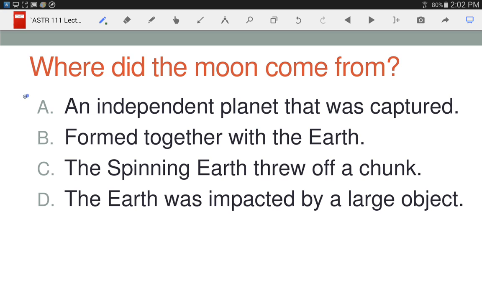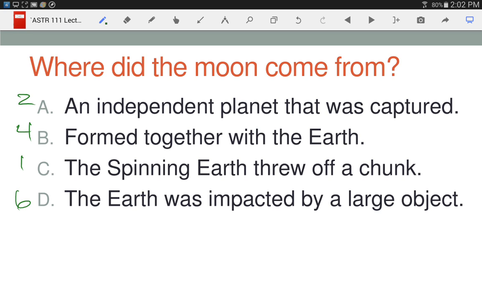All right, here we had 2, 4, 1, and 6. Clearly not a consensus, and that's fine because scientists have proposed all of these as correct answers. They're not all accepted, but they've all been proposed. They're all reasonable answers. So let's look at these. An independent planet was captured.